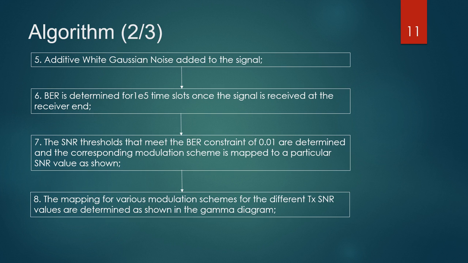So basically a set of signals is generated and the BER is estimated, and this iteration goes on for 10 power 5 times. Now the BER is estimated for each case, and then the SNR thresholds that meet the BER constraint of 0.01 are determined, and the corresponding modulation scheme is mapped to particular SNR values as shown here.